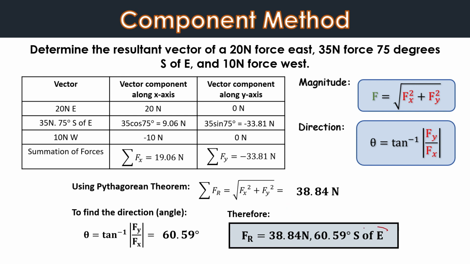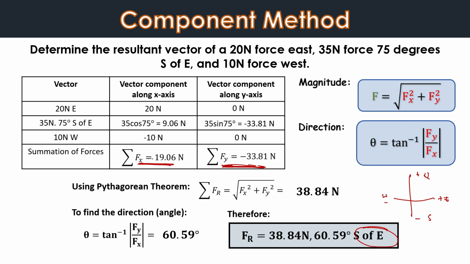So, saan naman ang galing nitong south of east? So, yung south of east, yung magiging direction yan, manggagaling dito sa ating summation of forces. Remember yung Cartesian plane? Yung north, south, east, west, positive, negative. So, along x-axis, ito ay positive.